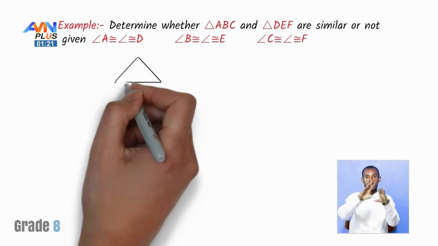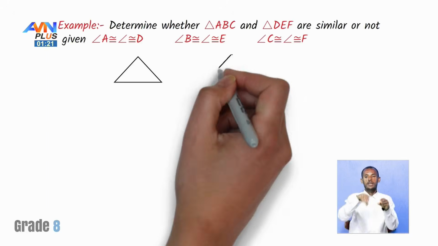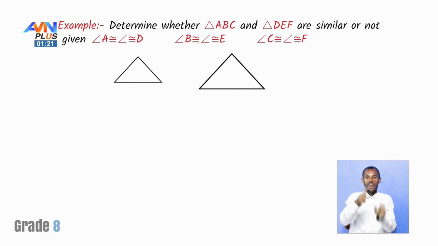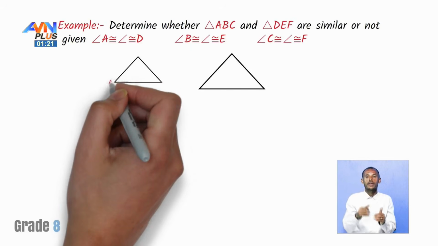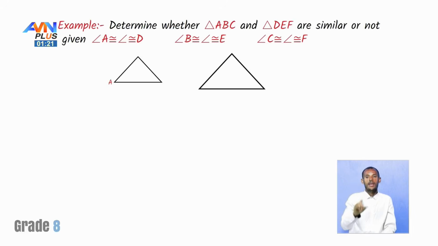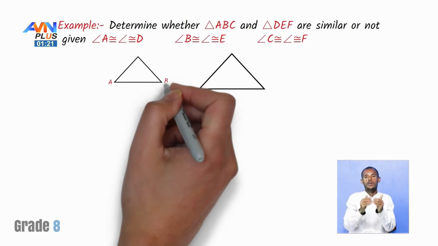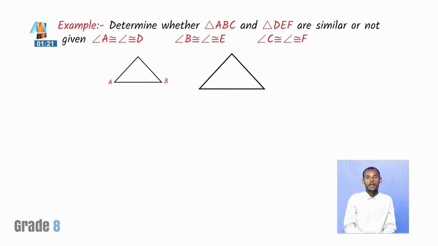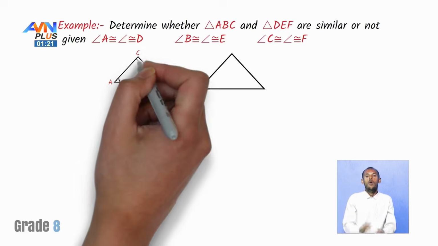Given that angle A is congruent to angle D, angle B is congruent to angle E, and angle C is congruent to angle F, where the figures are like here.